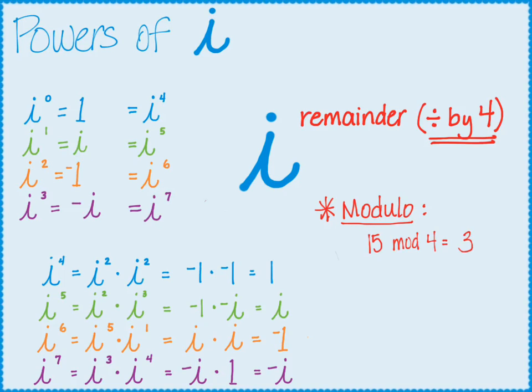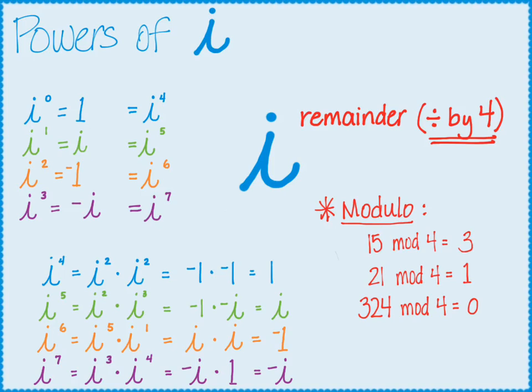So something like 15 mod 4 is 3, because when 15 is divided by 4, you're going to get 3 with a remainder of 3. 21 mod 4 is 1, because 21 divided by 4 is 5 with a remainder of 1. 324 mod 4 is 0, because 324, when divided by 4, goes in evenly and there's no remainder.